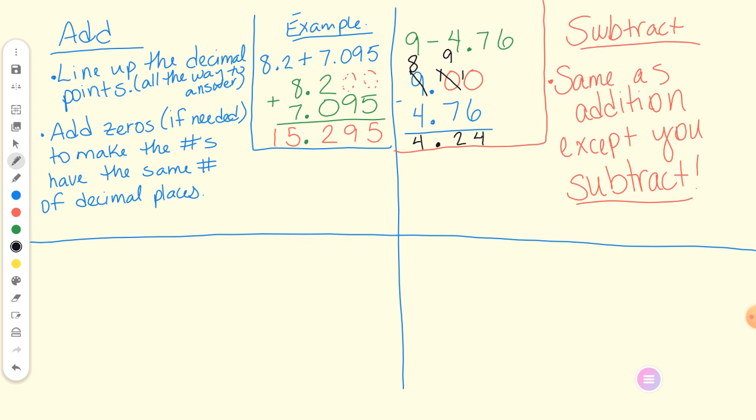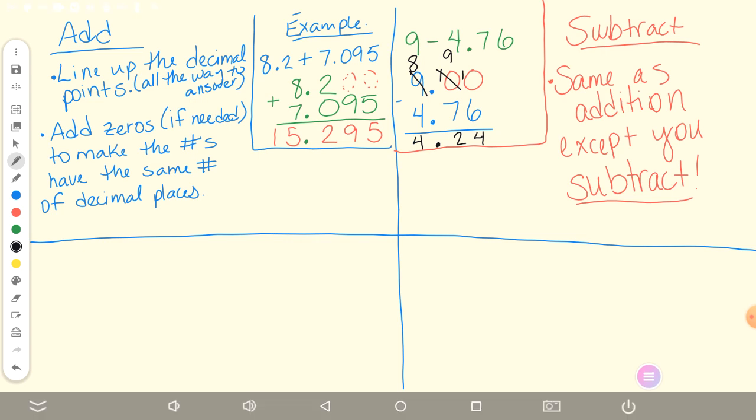Okay, so that's what we know right now. Today you guys are gonna tell me what the rule for multiply is, okay? Open your books to page 387.